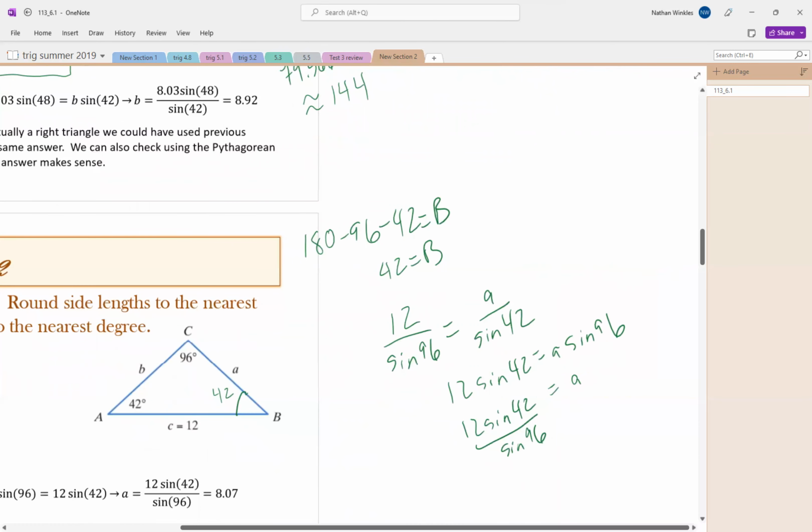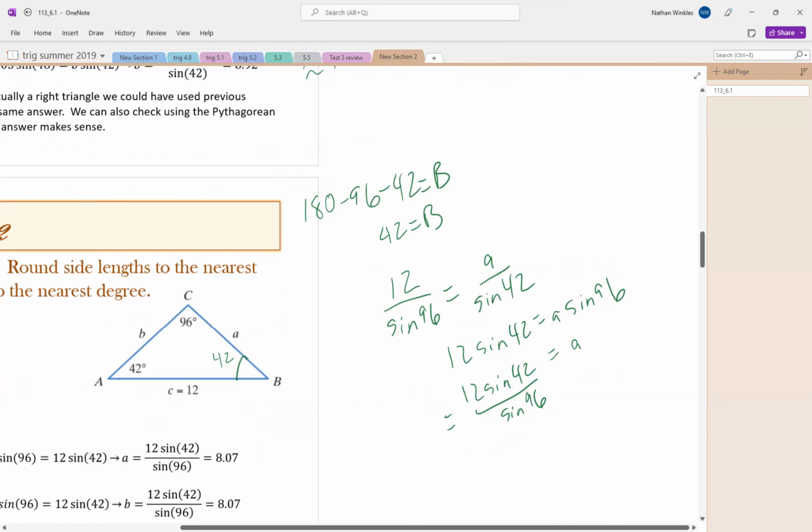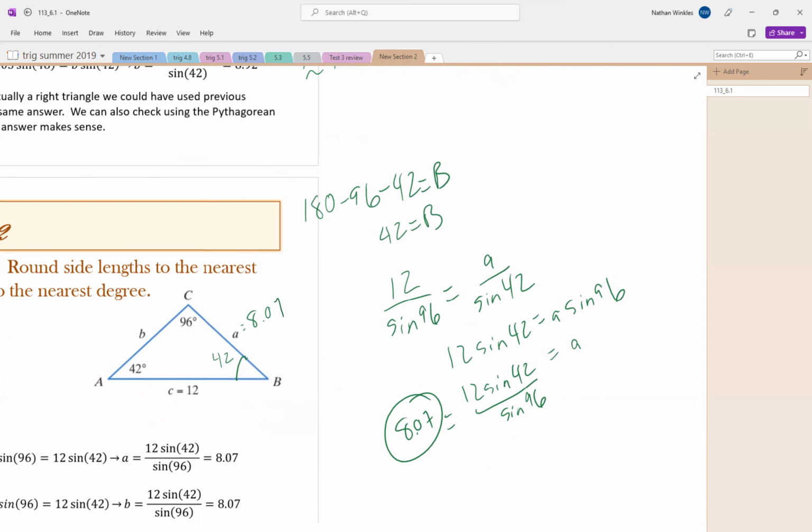So when we do that, we get that A is approximately 8.07. Now, by symmetry here, since angle A and angle B are both 42, B is automatically 8.07.